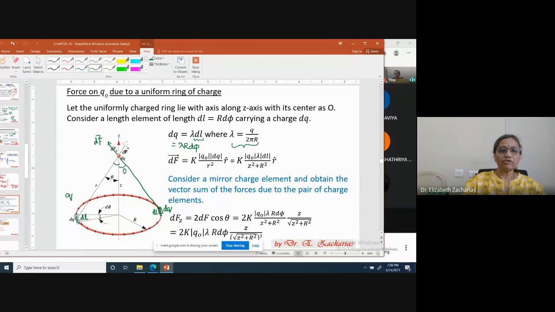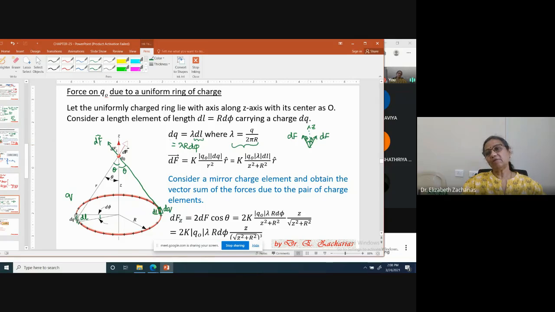I will call this angle also theta. Both will be theta from symmetry. Now I have two vectors like this, df and another df, both having the same length, and I know that this is my z-axis. I have to now add up these two. These two angles are theta, therefore this angle also will be theta, and this angle also will be theta.